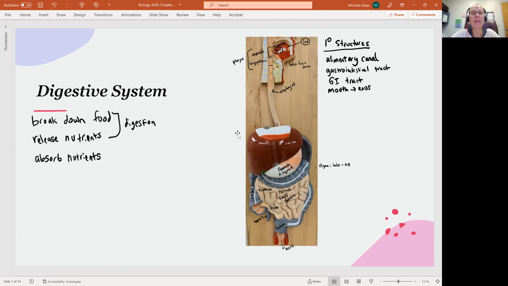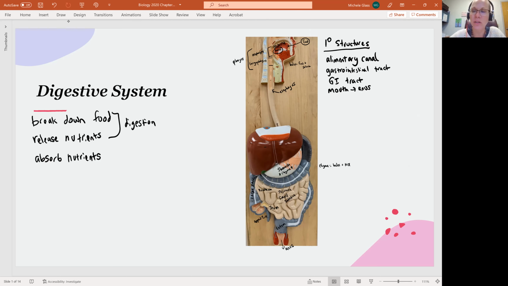We can see the appendix hanging off in this area where the ileum feeds into the large intestine. Large intestine then becomes the rectum and then the anus. These would all be considered the GI tract or alimentary canal. So these are primary structures.